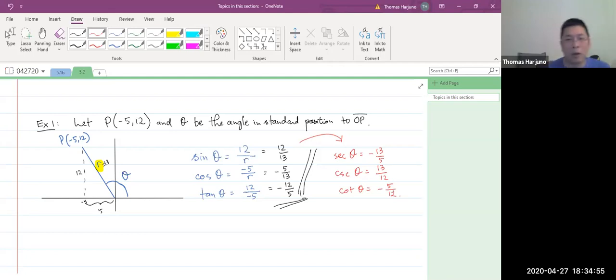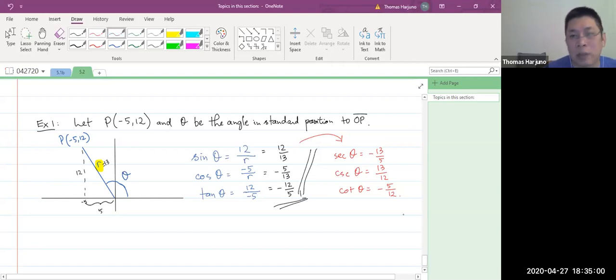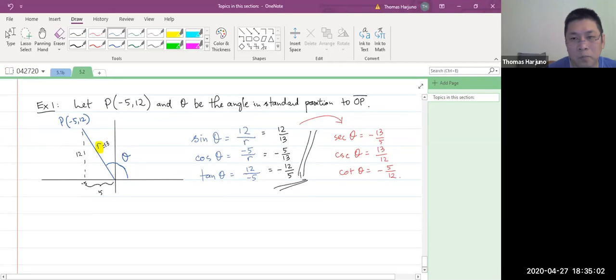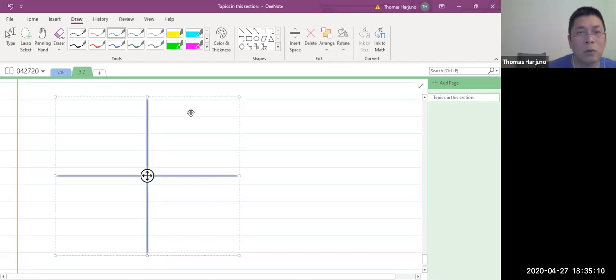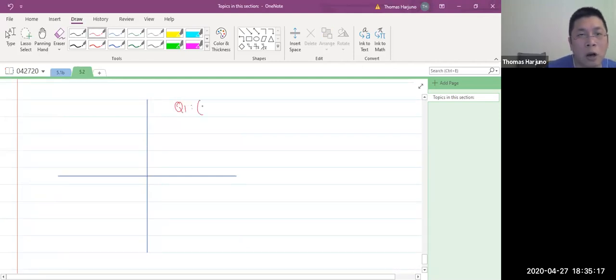Now, using these, we are able to go a bit further to something quite important for us to see. Notice that in quadrant 1, the coordinates are positive, positive. Therefore, you see that sine, cosine, and tangent are all positive.